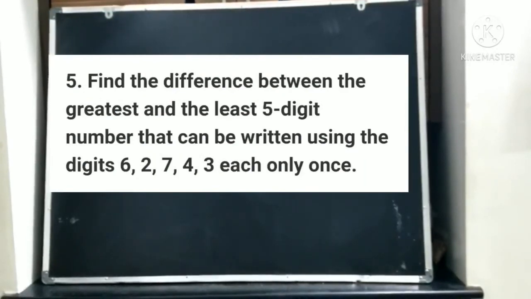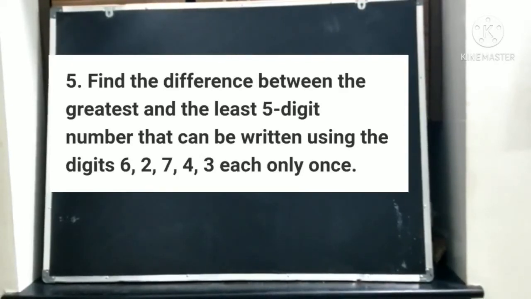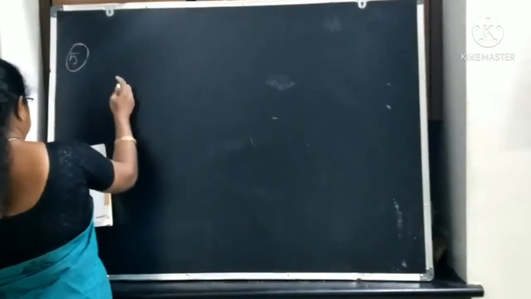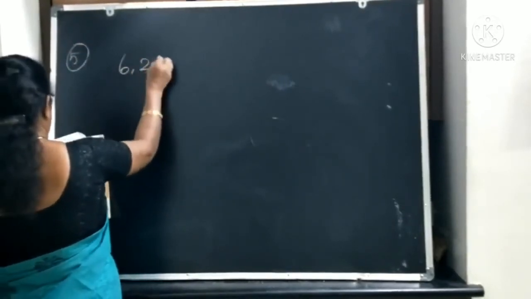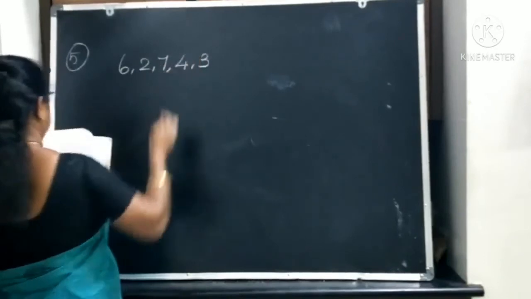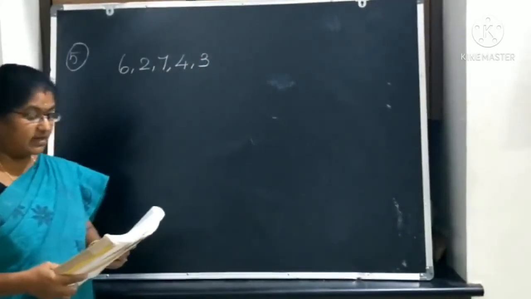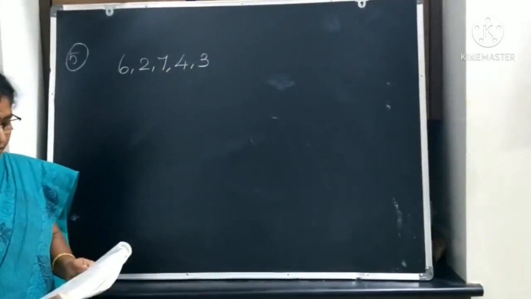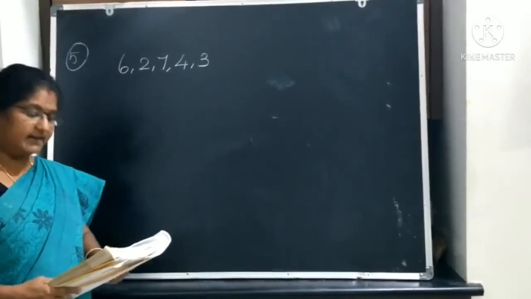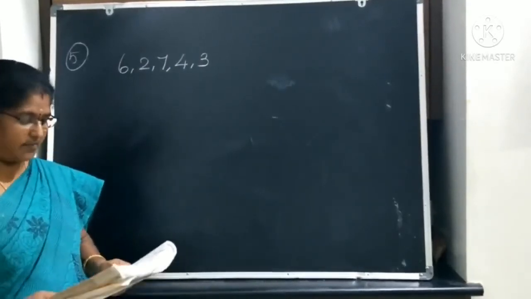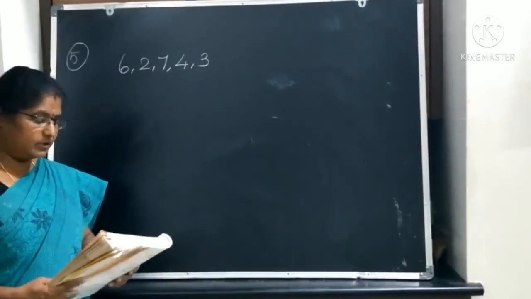Here they have given the digits 6, 2, 7, 4, 3, these 5 digits. We have to find the difference between the greatest and the least number that can be written using these digits.